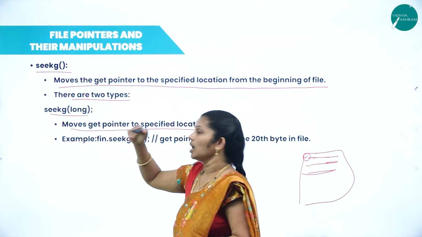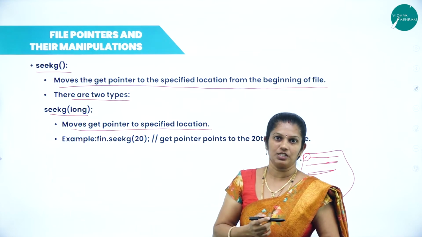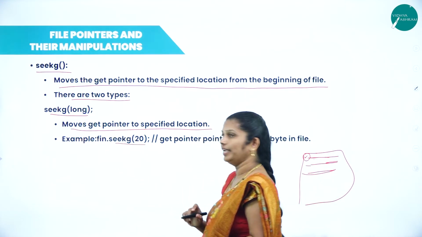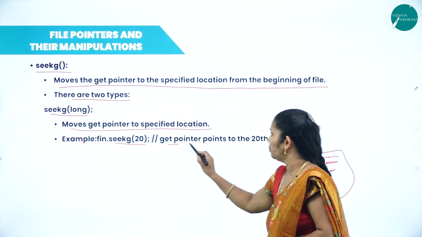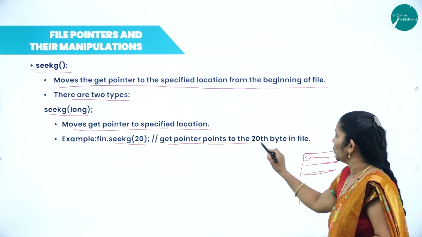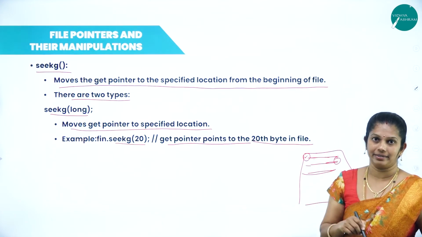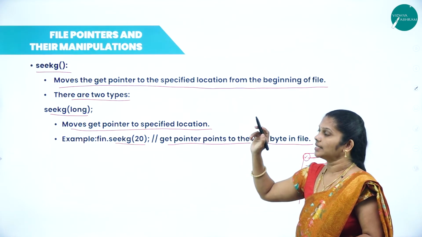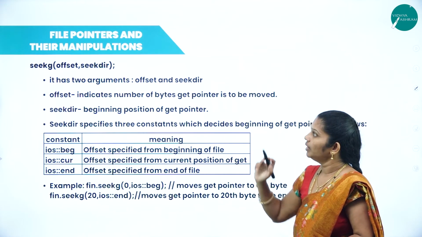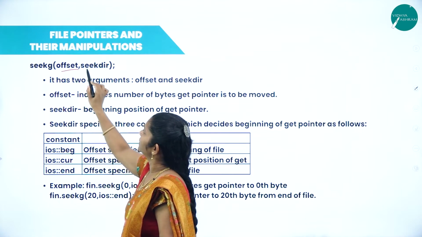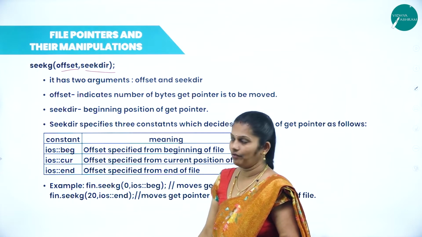In the long argument, we can mention as much space as we want. For example, if I write fin.seekg(20), then the get pointer moves to the 20th byte in the file. That is the use of the seekg function. The next form of seekg has offset as well as seekdir.